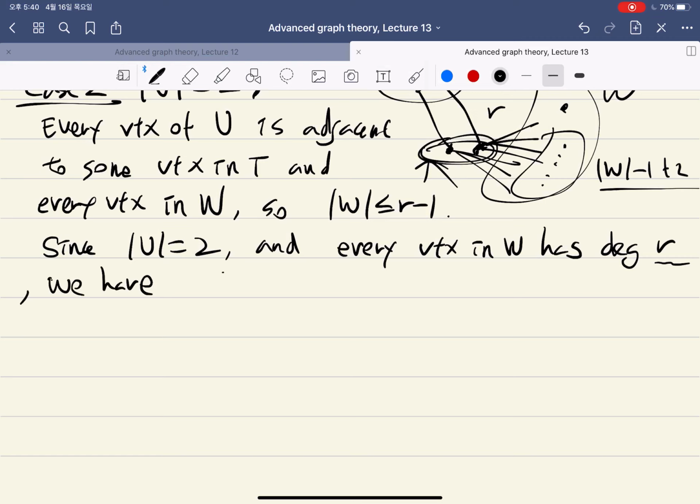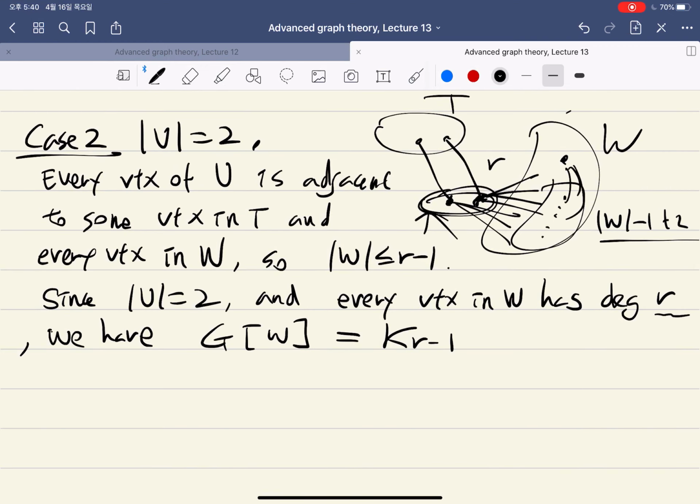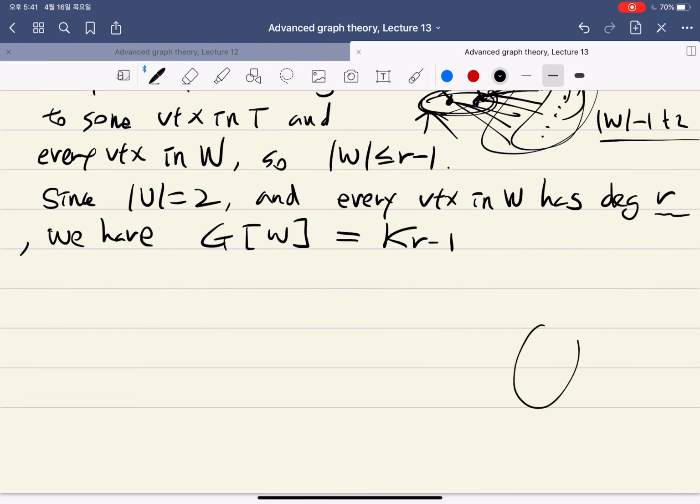So we know that this W induces a K of R-1. It has R-1 vertices, and every vertex must have degree R-2 here, and then 2 more neighbors here. So what's the situation? We have W, and then this 2, and this 2, and this is K of R-1.